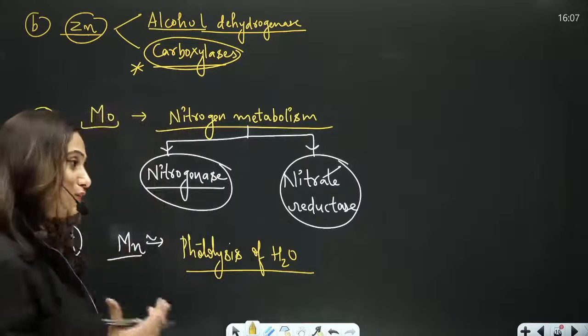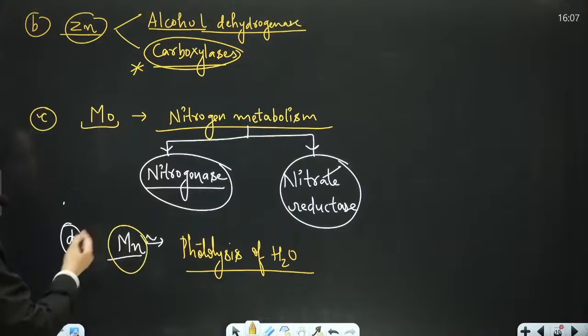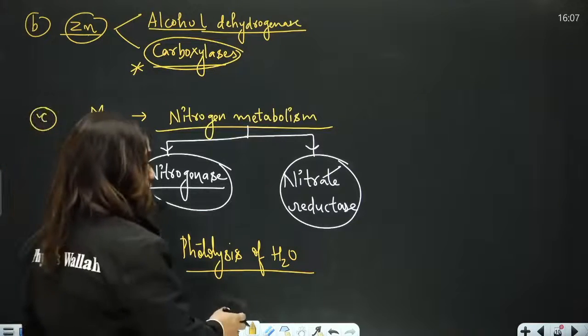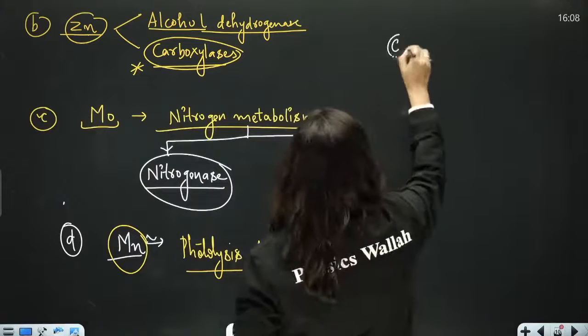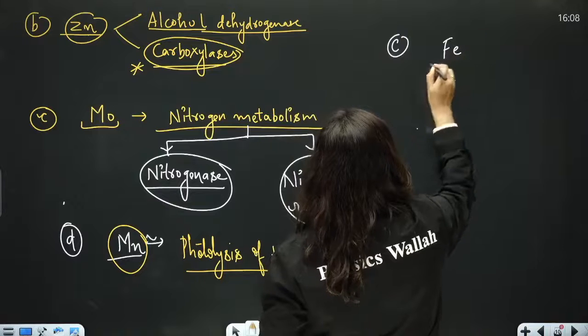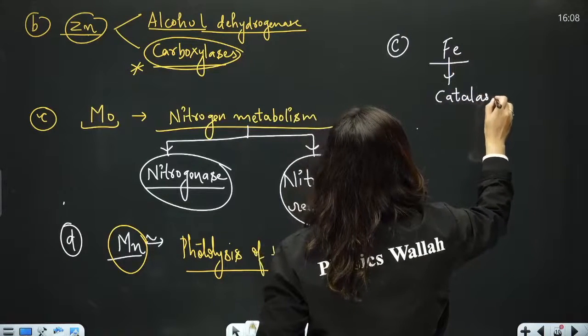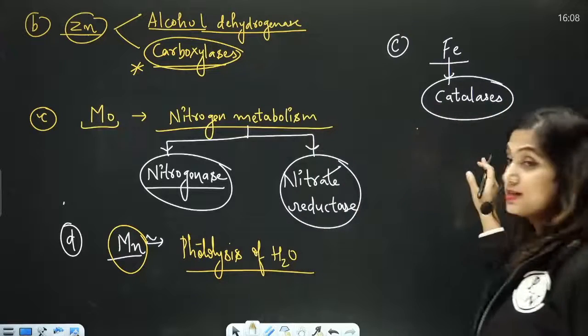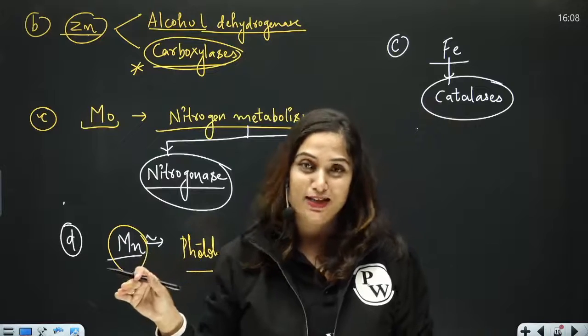And this photolytic complex is majorly formed by manganese, also by chloride ions, that I will tell you later on. And then the last one is iron. Iron activates a special class of enzyme known as catalases. Catalases are responsible for the breakdown of hydrogen peroxide in the plants.